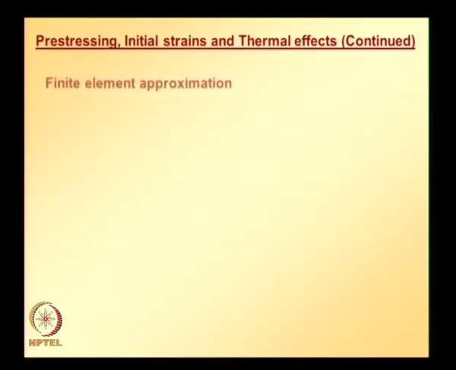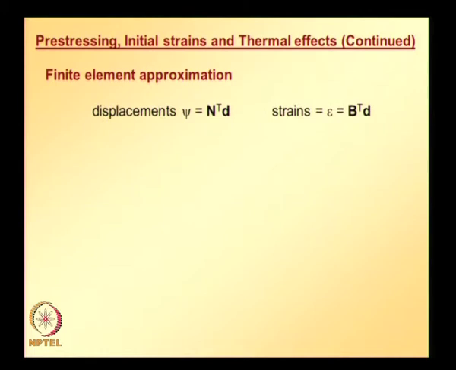So, by taking the strain energy expression without constant terms, before we proceed, actually we need to express strain in terms of nodal displacements. So, finite element approximation of displacements N transpose d, strains B transpose d.